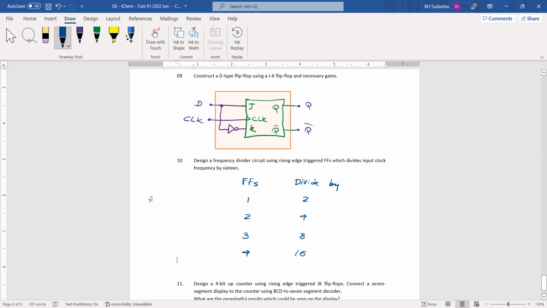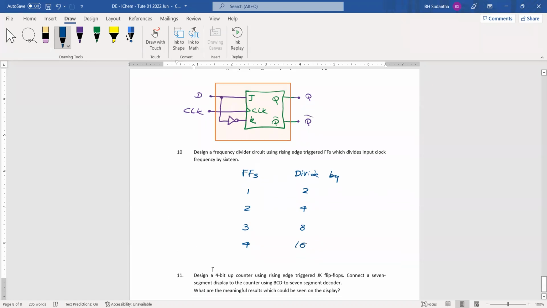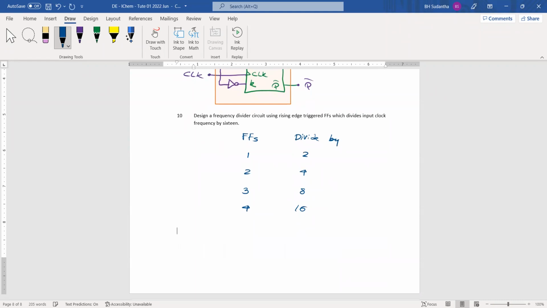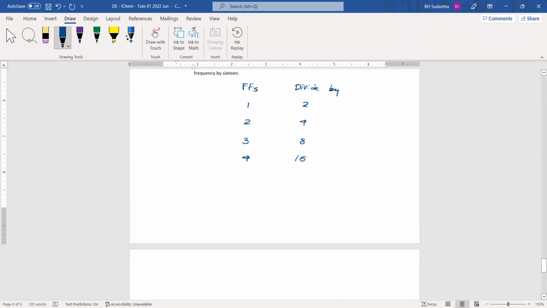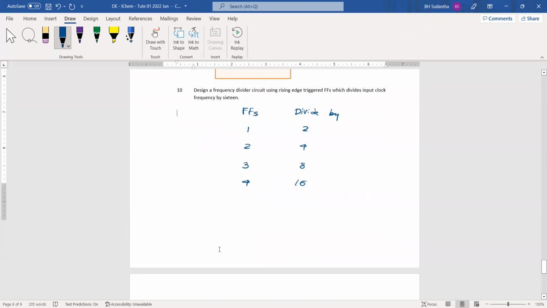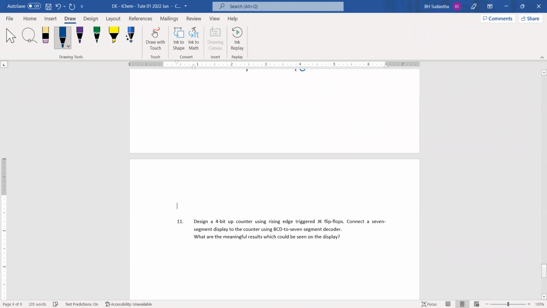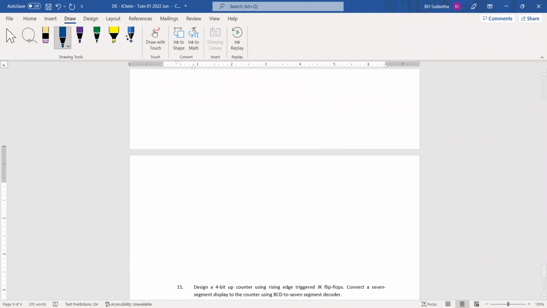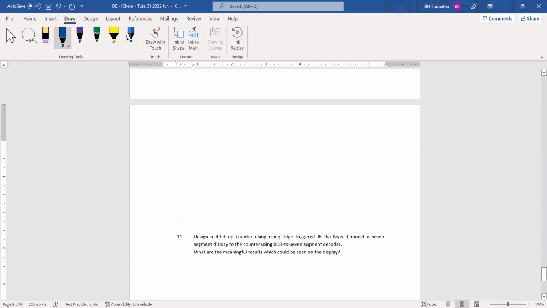Okay. Then we have to draw a 4 flip-flop circuit by using 4 rising edge triggered flip-flops.